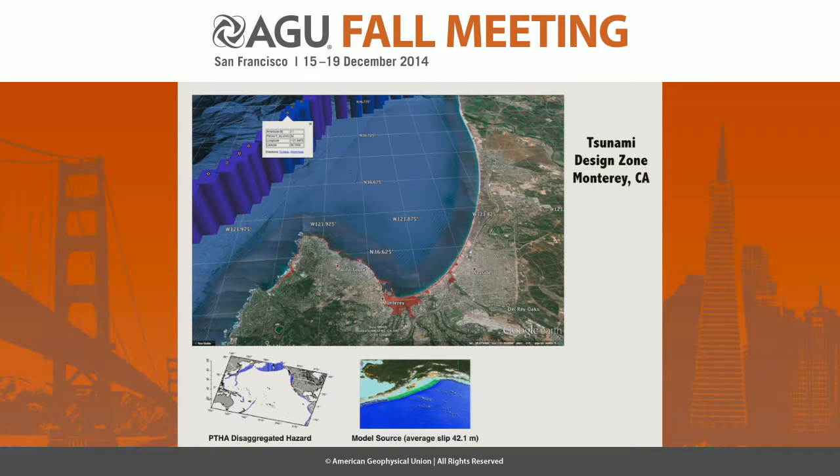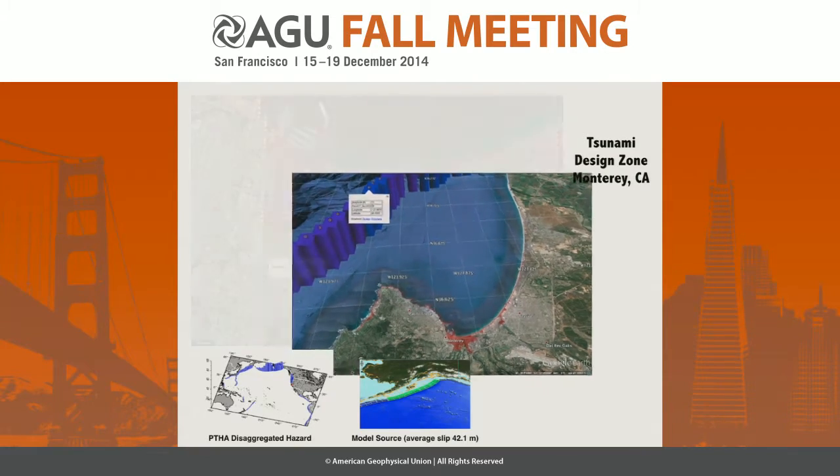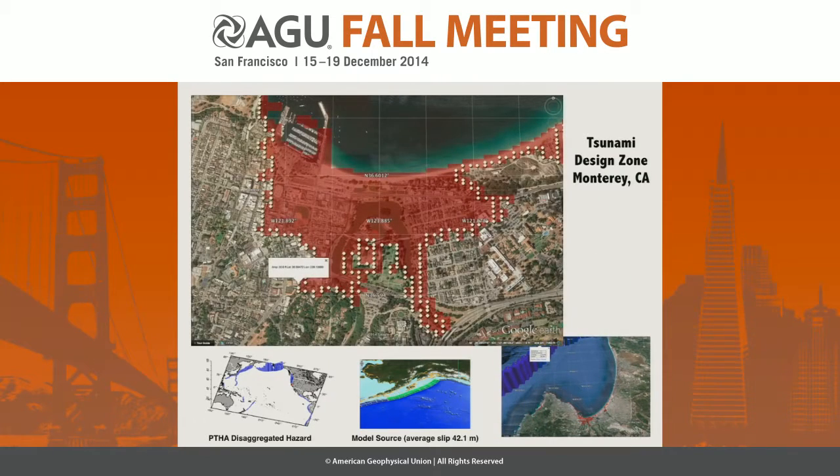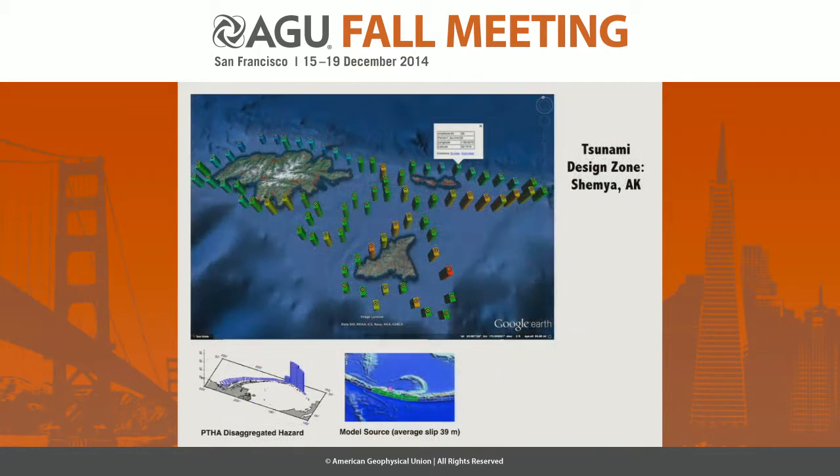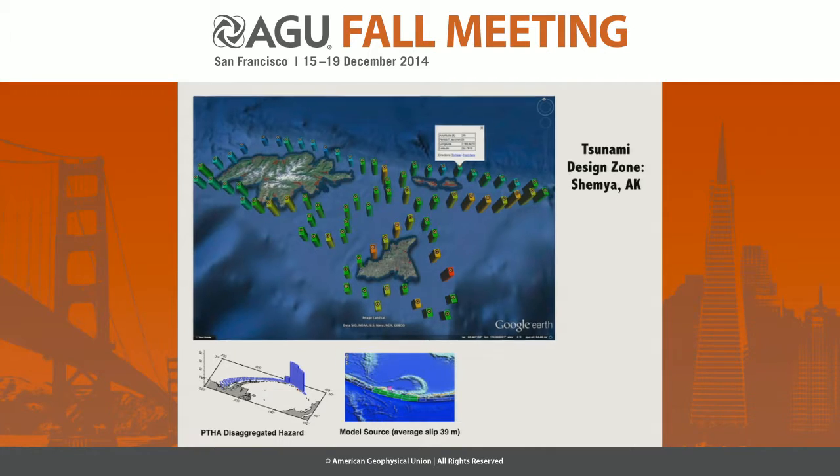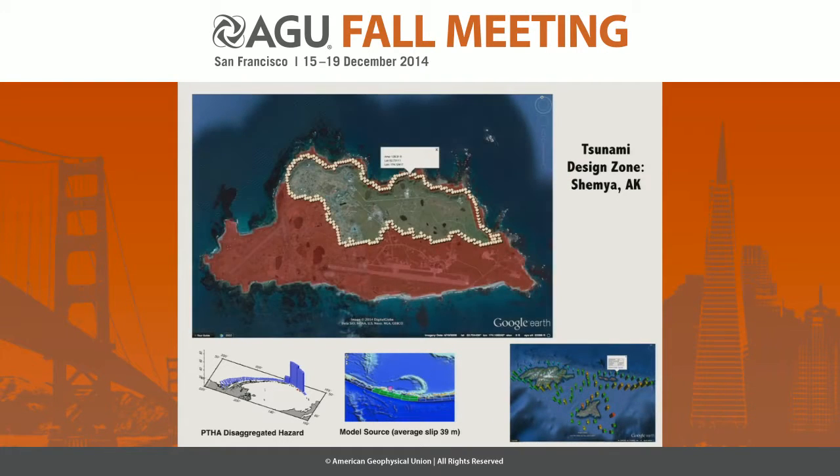So we came up with a source in eastern Alaska, and you can see the inundation zone, and this is zooming in on inundation and run-up heights. And this is an example in Shemya, Alaska, and you can see how big the inundation is for this island for the 2,500-year return event.